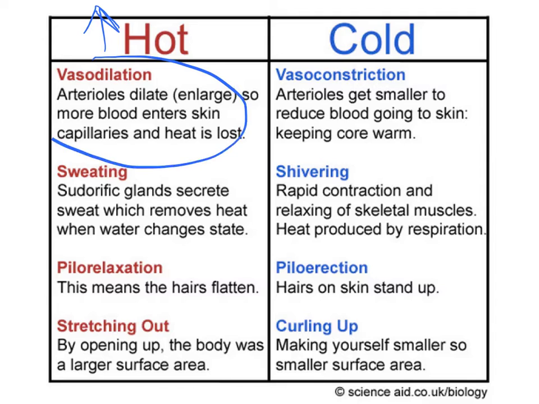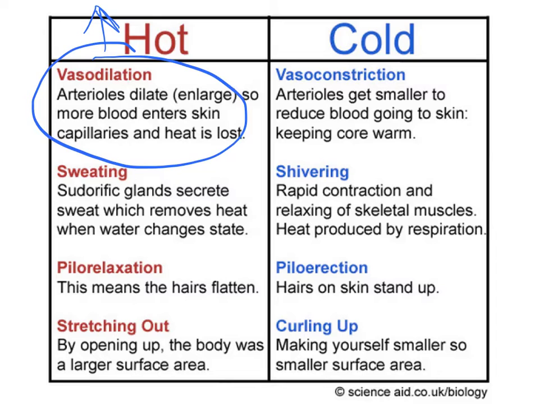One adaptation is that we have the ability to open or to enlarge our arteries, or arterioles, I should say. And what happens is that as this warm blood is going towards the skin, the heat from the blood escapes those blood vessels, which will then decrease the blood temperature, which will, of course, decrease our internal temperature.